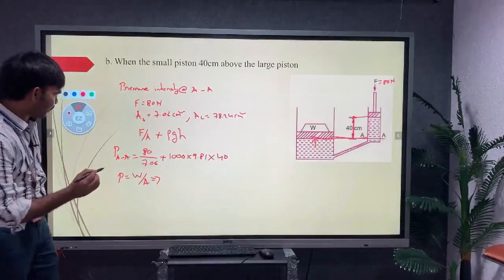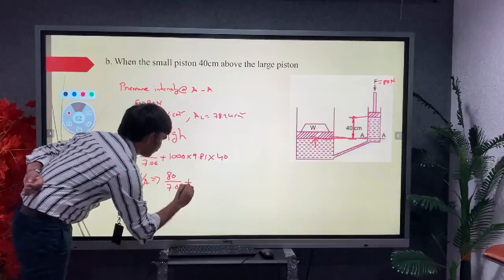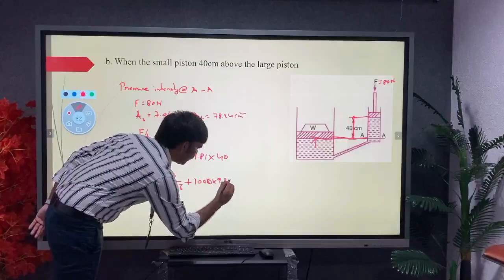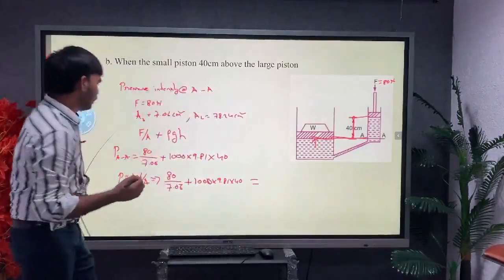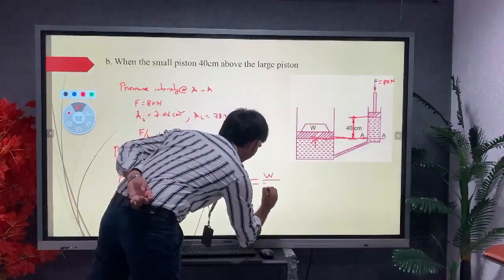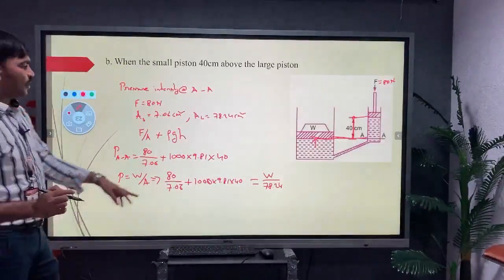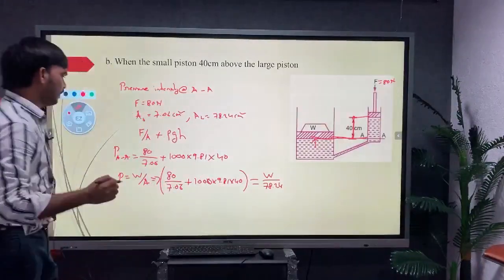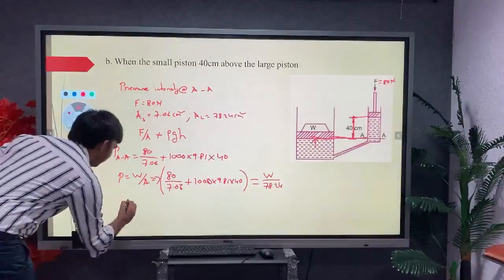So it will be 80 by 7.06 plus 1000 into 9.81 into 40 will be equal to weight divided by 78.24 centimeters square. If you calculate the value and multiply with 78.24, you will get the weight.